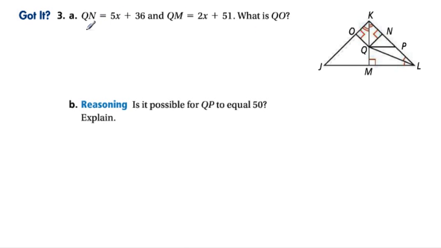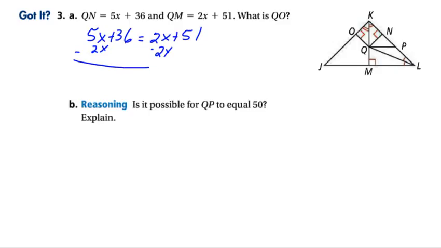Well, our expressions, we have QN and QM, and we know that those are going to be congruent or equal in measure. So we can go ahead and set them equal. We can say 5x plus 36 must equal 2x plus 51. And then we can go ahead and subtract 2x from both sides.